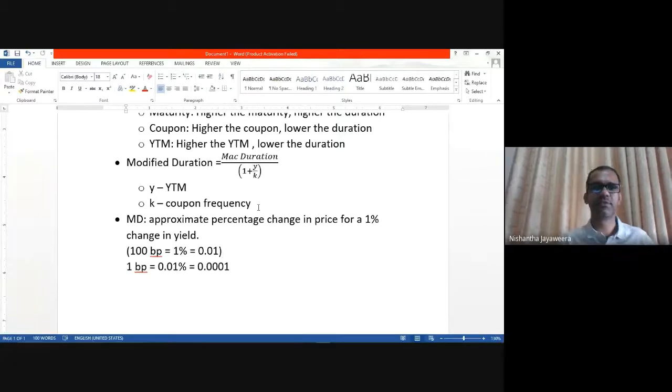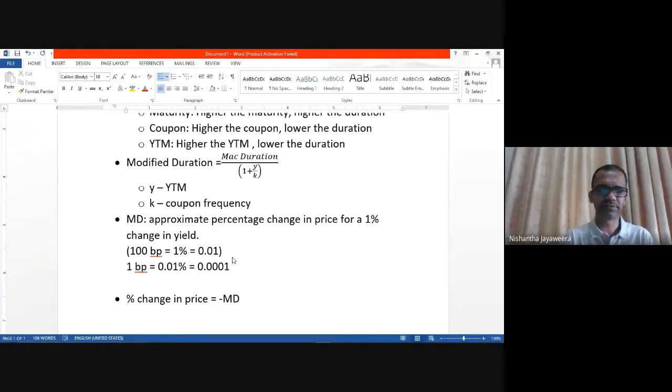Then, if the modified duration is interpreted in this way, how do we calculate the percentage change in price for a given change in yield?